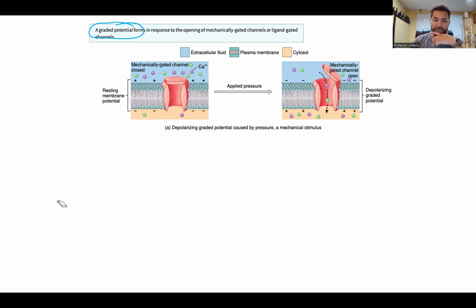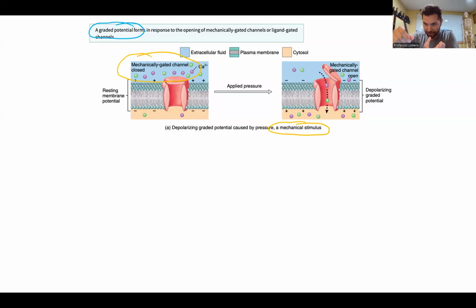The first one we have is a mechanically gated channel. Mechanically gated channels are found in receptors in the skin for pressure and things like that, but it opens in response to a mechanical stimulus. So when I sit here and I touch gently on my finger and I don't feel anything, right? There's not enough stimulus to open up enough channels to have me feel it.